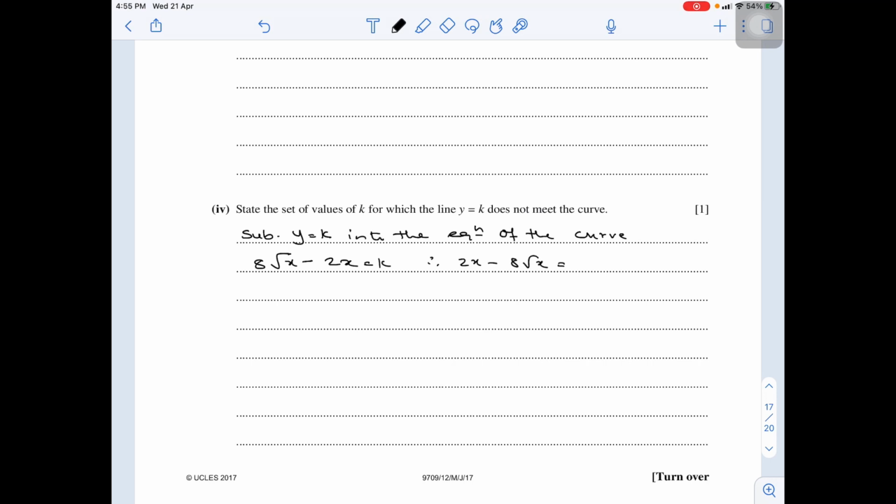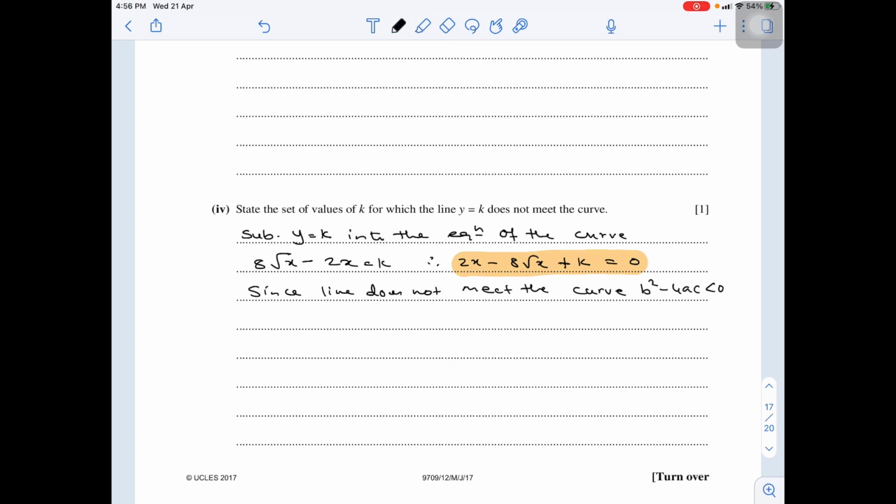That makes it 8 root x minus 2x is k. So 2x minus 8 root x plus k is 0. Since the line does not meet the curve, b squared minus 4ac is less than 0.